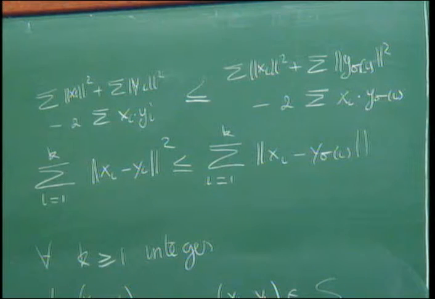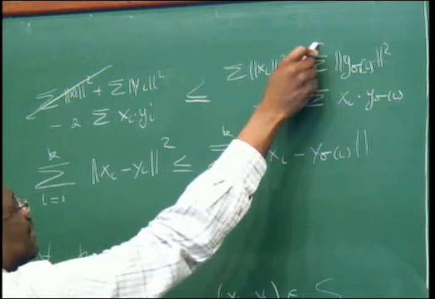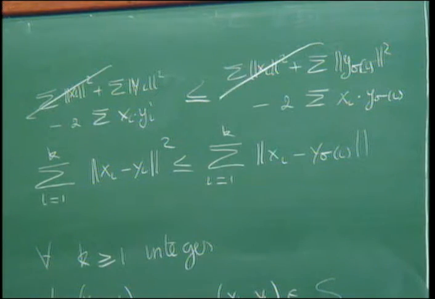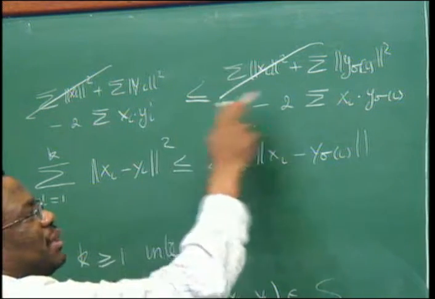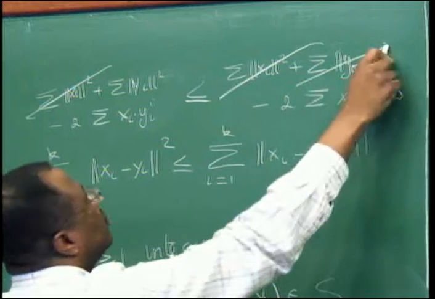What can I take out? Okay, I take this out. Can I take more out? Okay, this is equal to that because sigma is a permutation.